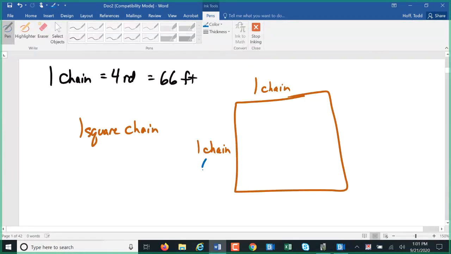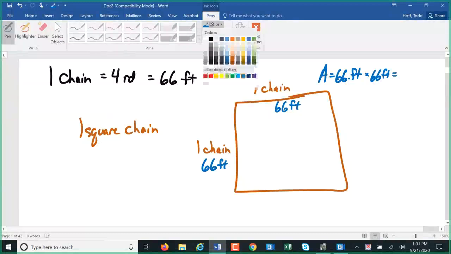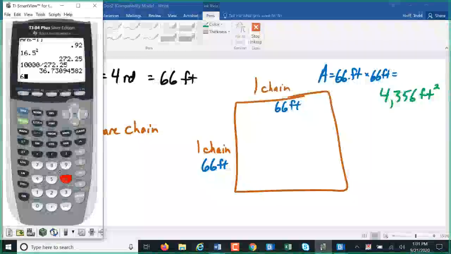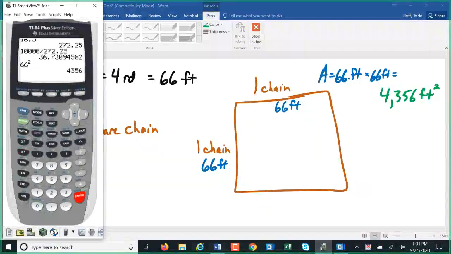Well, that would be 66 feet by 66 feet, giving us an area of 66 feet times 66 feet, or 4,356 square feet. Double checking myself. Yes, 4,356.